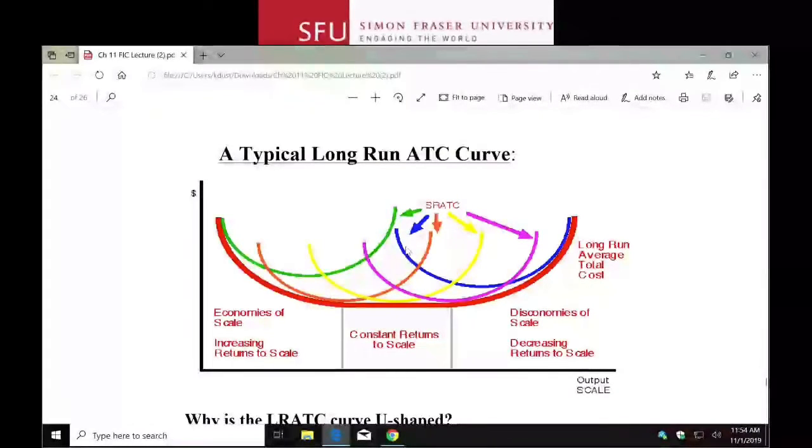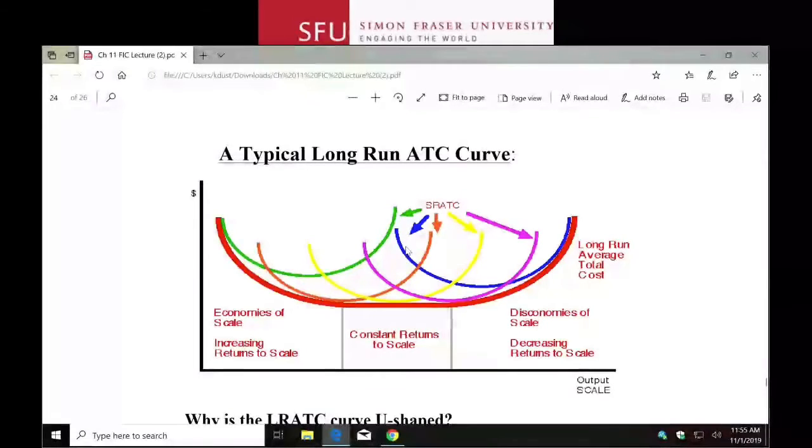Okay. So last thing we have here is the vocabulary that describes what's happening to the average cost in the long run. So for this business, as they increase output, then their average cost in the long run will keep going down, and so that's called economies of scale or increasing returns to scale.